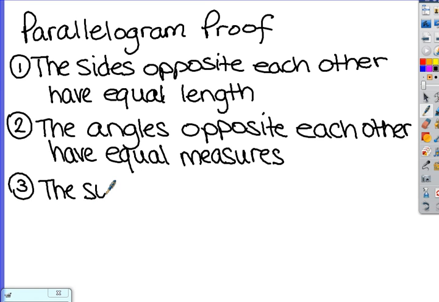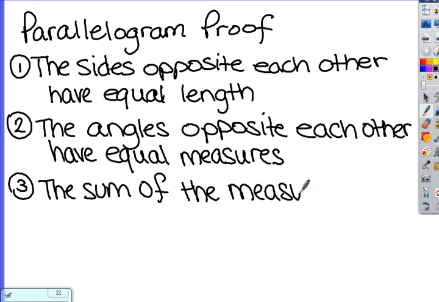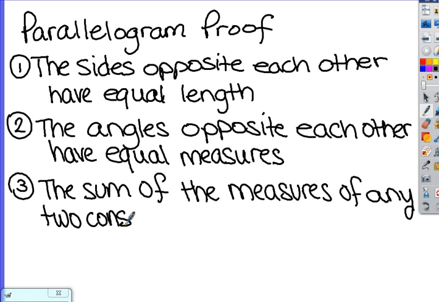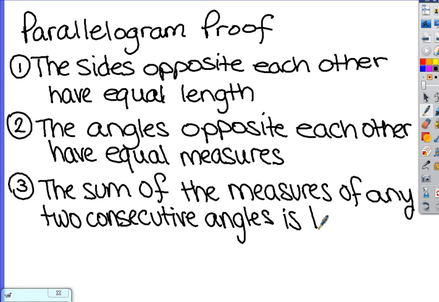The sum of the measures of any two consecutive angles is 180 degrees. And proof number 4. The diagonals bisect each other.